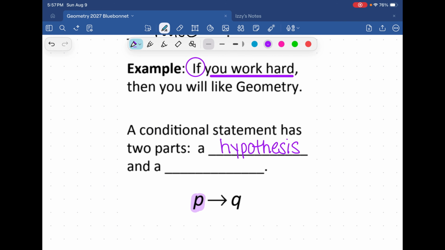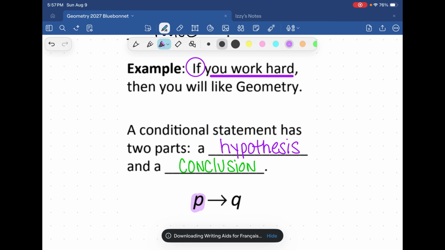Okay. I'm just trying to pick a color here that's different, let's go with green. And it has what is called a conclusion. There we go. So a hypothesis and a conclusion. The conclusion is the second part.